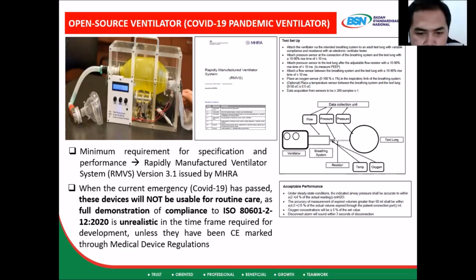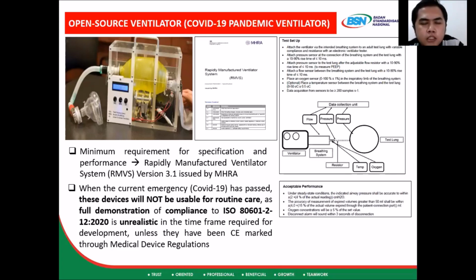So this ISO is ISO 80601-2-12:2020. This is the standard document for the critical care ventilator, for the ICU ventilator.